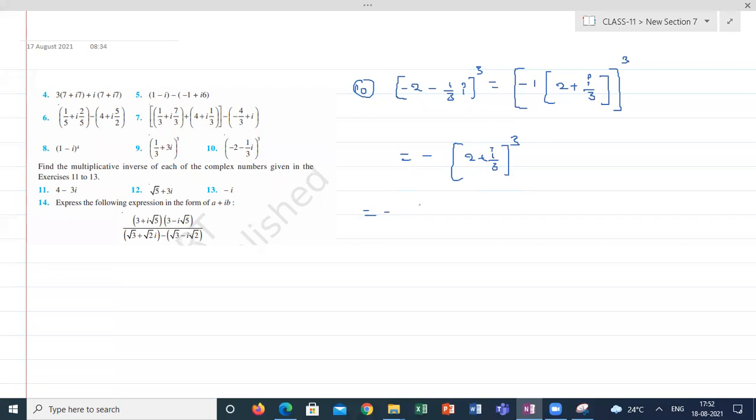You can solve now. Minus of 8 plus 3 into 2 square into i by 3, plus, sorry, it's not 2, 3 into 2 into i by 3 whole square, plus i by 3 whole cube.